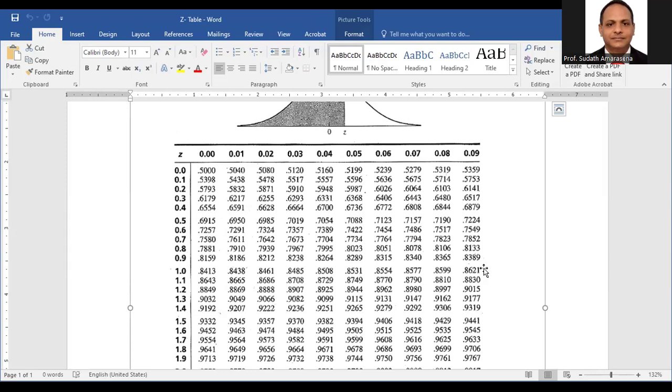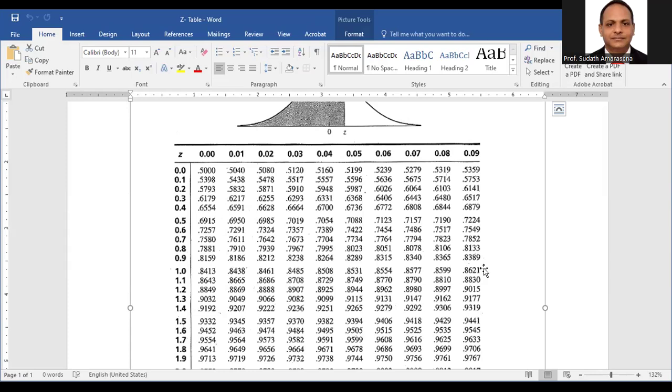How are we going to define it? We can complete the entire project within 25 days. The question asks within 25 days. The probability value is 86.21%.